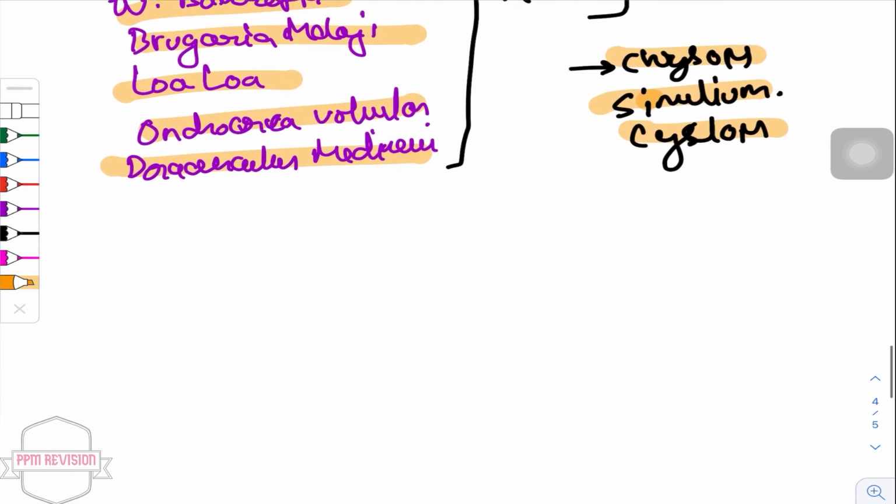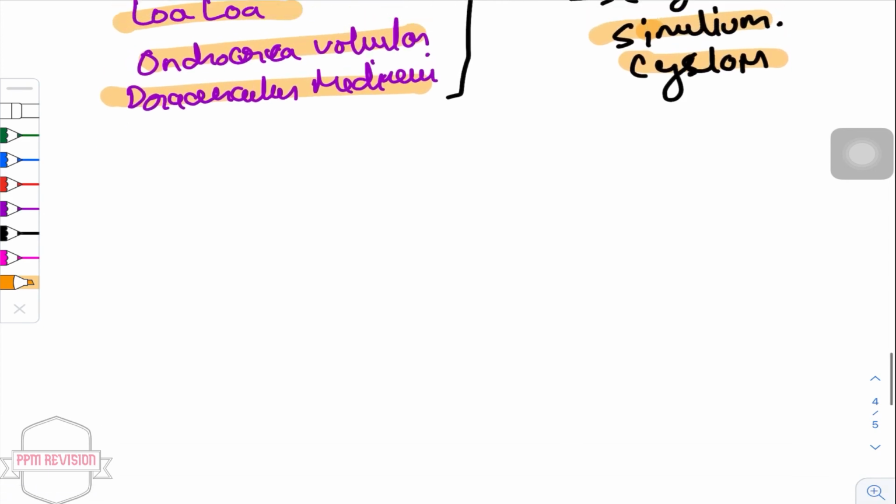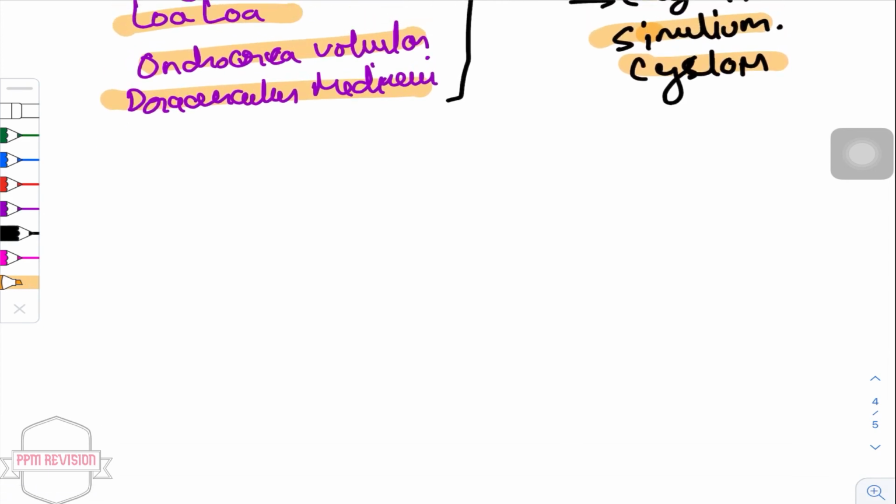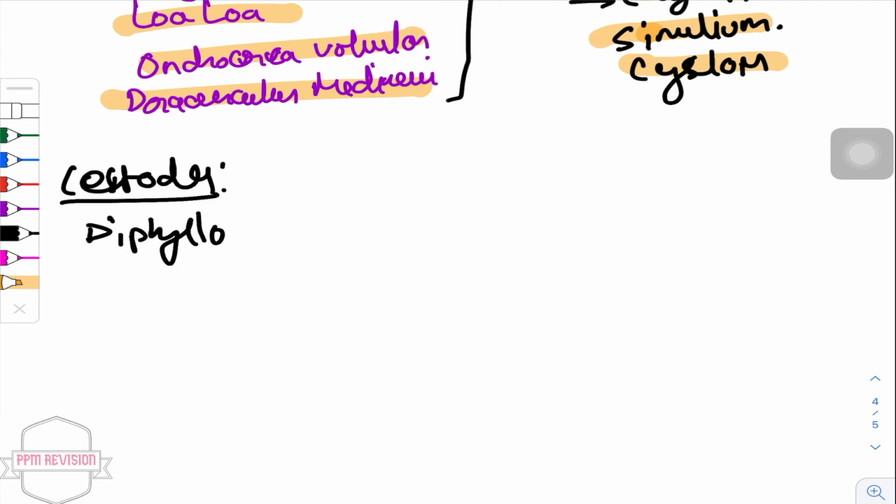So next, just looking at the ones which act on three hosts. Okay, that is an important concept, so I'll be doing that as well. So here are cestodes. Under these cestodes there is Diphyllobothrium latum.